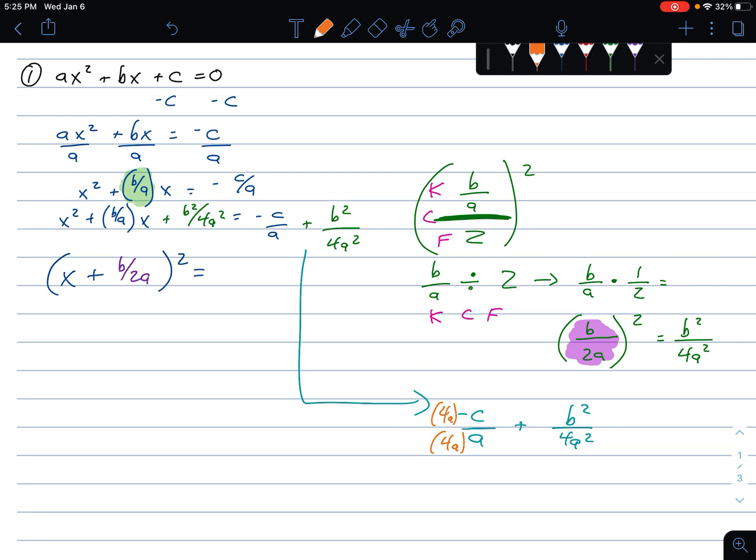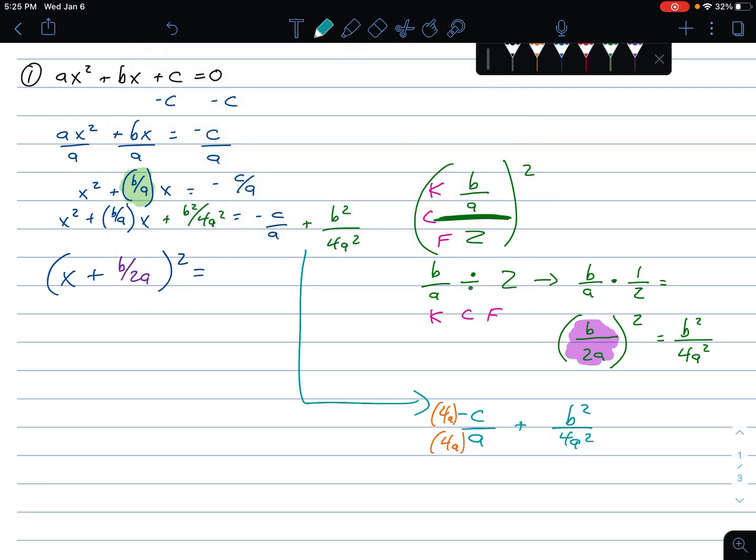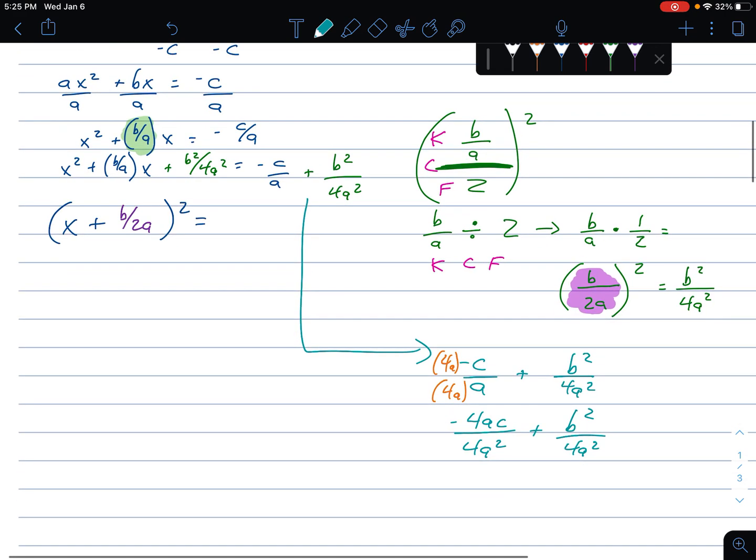So I'm beefing up the left-hand side so that it matches the fraction on the right. Negative 4AC over 4A squared plus B squared over 4A squared. Now that I have common denominators, I can write negative 4AC plus B squared all over 4A squared.